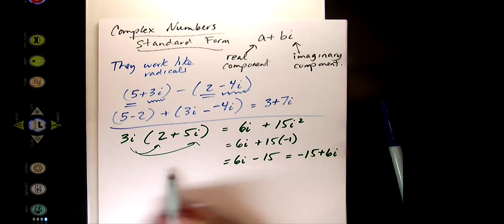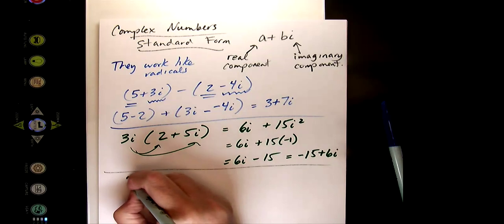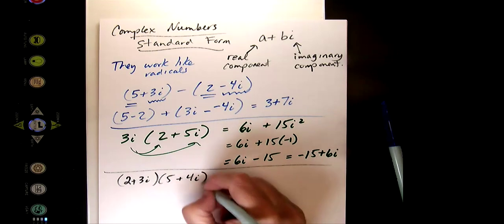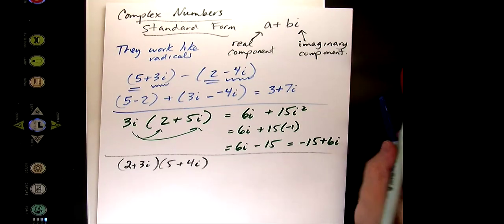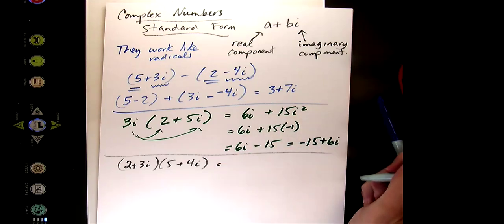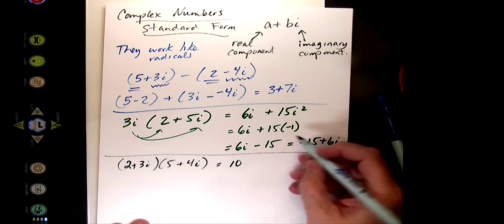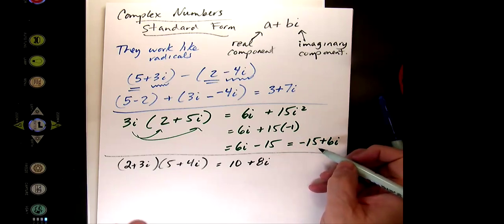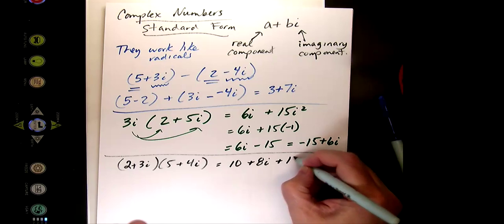So this should obviously work similarly when we scale it up. 2 plus 3i times 5 plus 4i. We're just distributing again. 2 times 5 is 10. 2 times 4i is 8i. 3i times 5 is 15i.